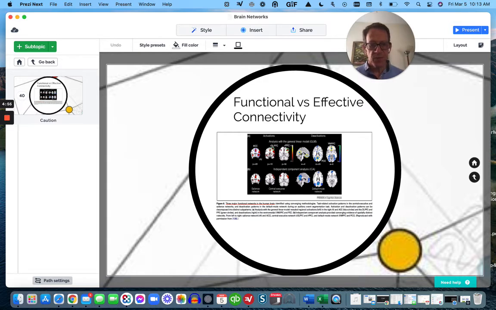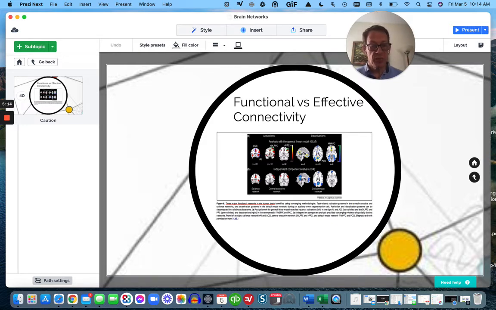Typically they're in the same general vicinity, but the effective connectivity networks are much more precise. And that's what we use in our everyday assessments as well for that very reason. So you always want to notice the difference.